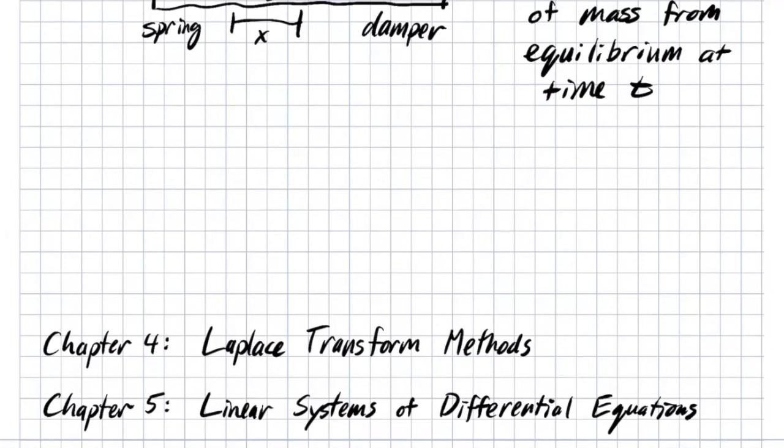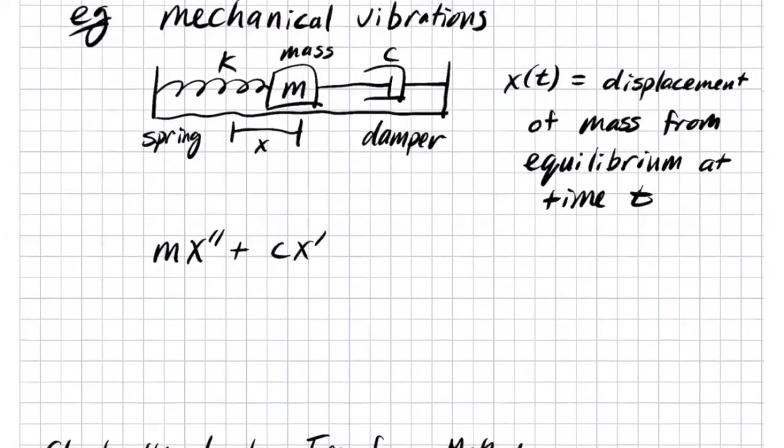And this allows us to write down a differential equation which says mass times acceleration. There's some work involved in figuring out what this is, but it's going to be this damping coefficient times the velocity plus the spring coefficient times the displacement. And we could also include some external force as well.